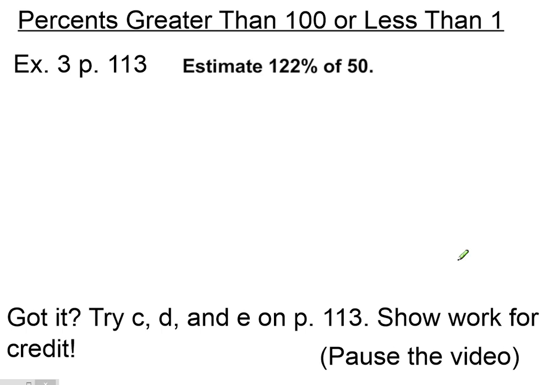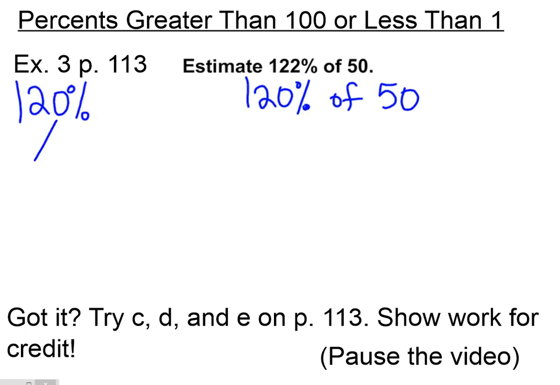For number 3, let's estimate 122% of 50. Well, 122%, let's round it to the nearest 10. I'm going to estimate this as 120% of 50. To begin, I can separate 120% as 100% plus 20%.